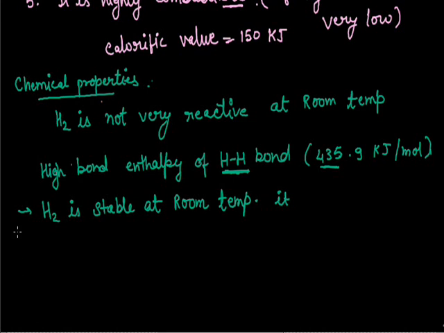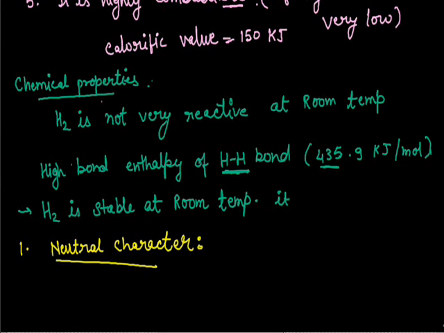Now, the first chemical property is the neutral character. Neutral character means the nature of hydrogen gas is neutral.